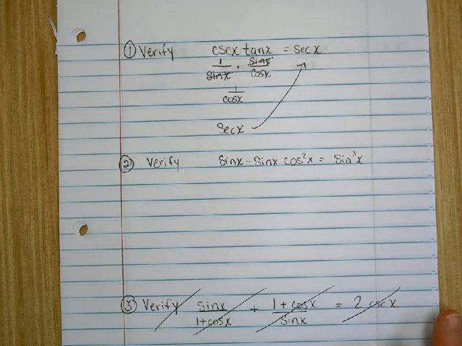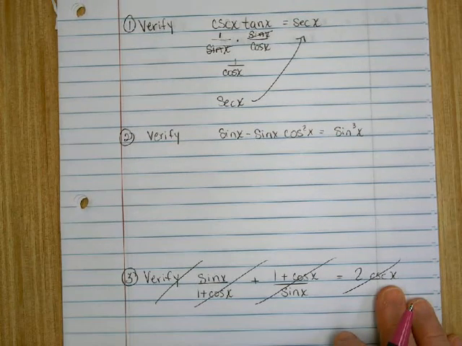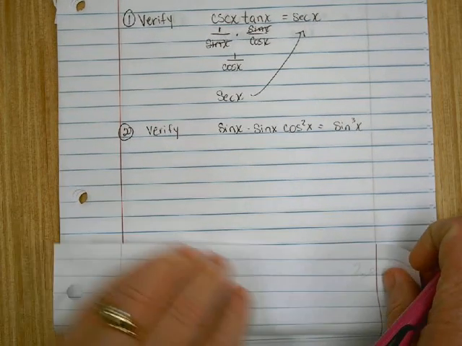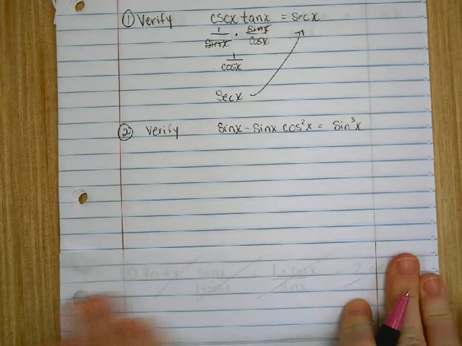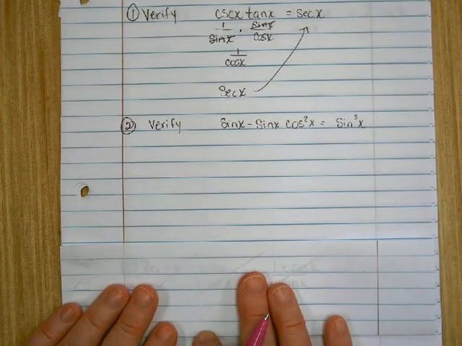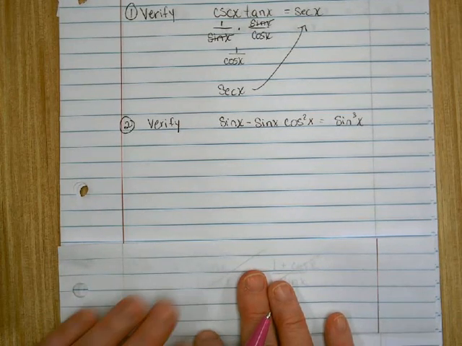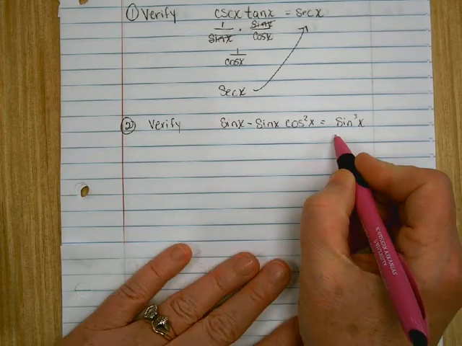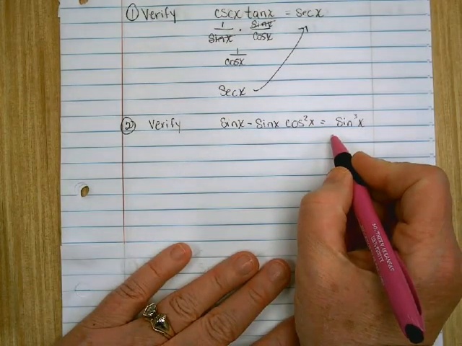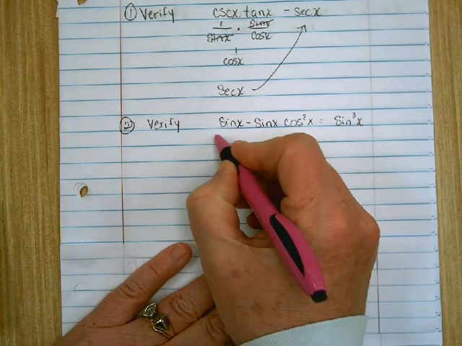The next example says to verify that sine x minus sine x cosine squared x is equal to sine cubed x. I'm going to start with the left hand side, and I'm going to factor out a common factor, which is sine x.